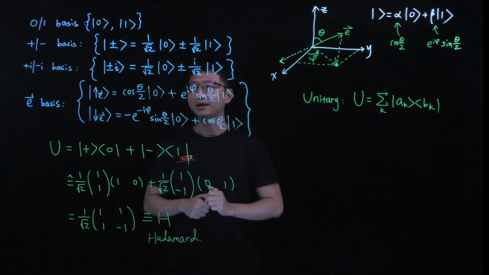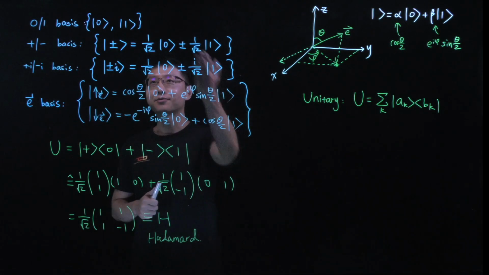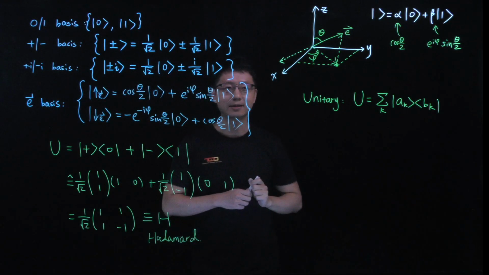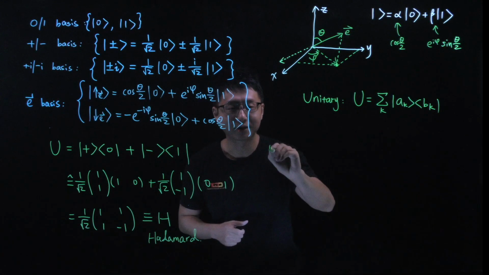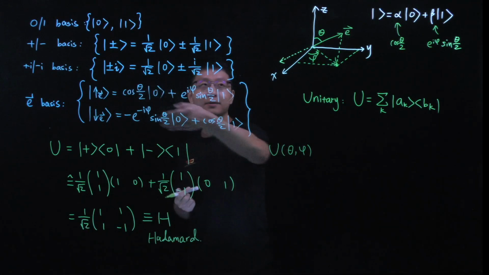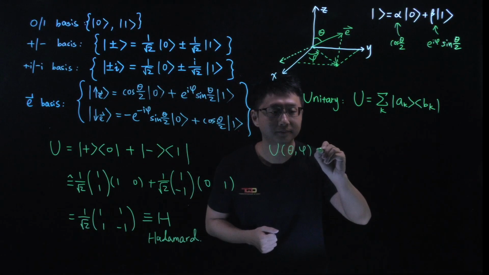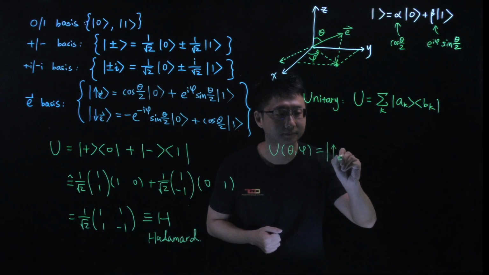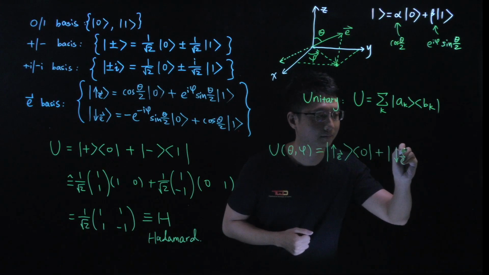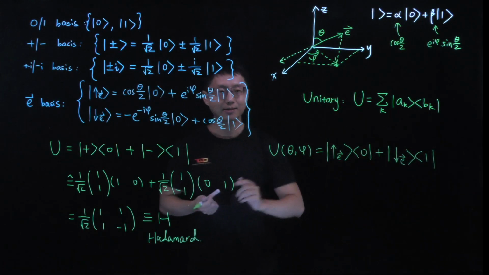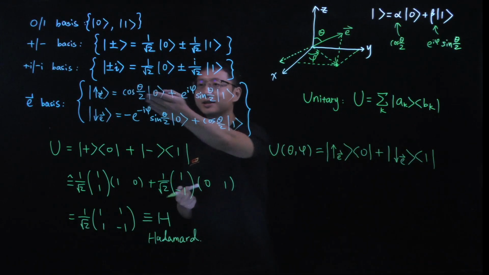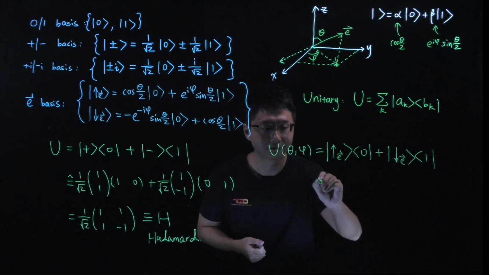As another example, we can also work out what is the operator that relates the 0, 1 basis to any arbitrary basis that is pointing in the direction specified by the unit vector E. For that, I will write U of theta and phi, since this is parametrized by the angles theta and phi. Using the spin up and spin down ket in the E direction, which are parameterized over here, we will have this.